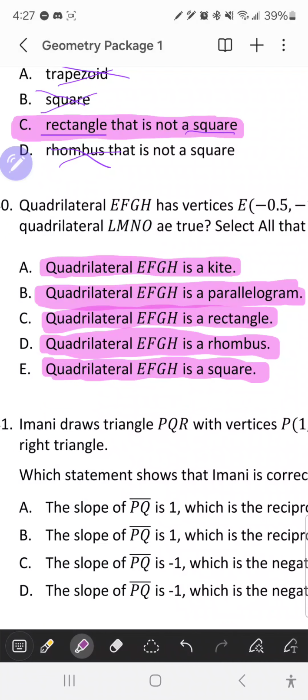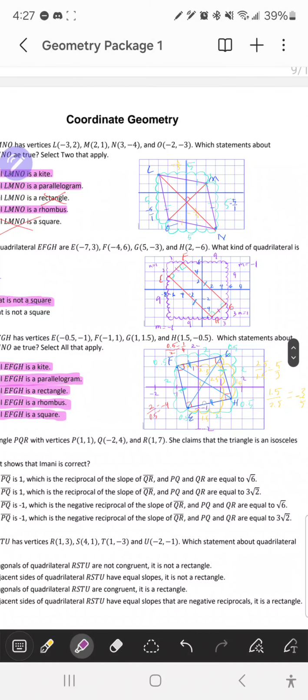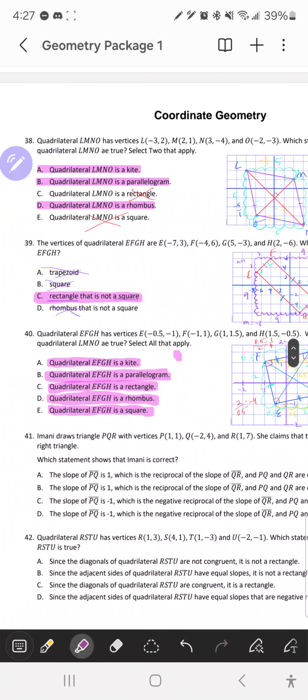Now, a quick tip is that if a figure is a square, it is also all of this. Because if there is a rectangle, the requirements for a rectangle are that the opposite sides are equal and parallel, and that the angles are right.